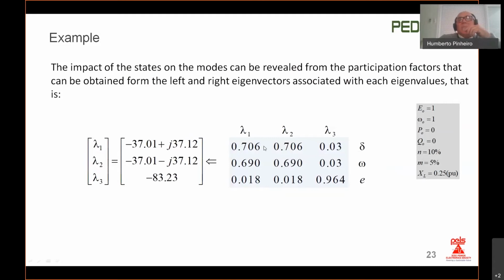Here is a participation matrix, and it points out that the frequency command and the power angle are associated with this pair of complex eigenvalues. And then you have a real eigenvalue that is associated with the amplitude of the voltage.